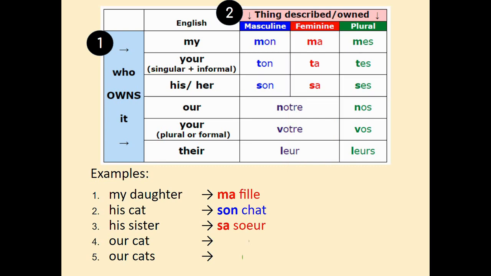Let's do number 4, our cat. So step number 1, who owns it? Our, so I'm going to be looking in that line here, and I have 2 options, notre or nos. And I need to decide here, is cat masculine, feminine, or plural? So I looked it up earlier in the dictionary and I said that it was masculine.